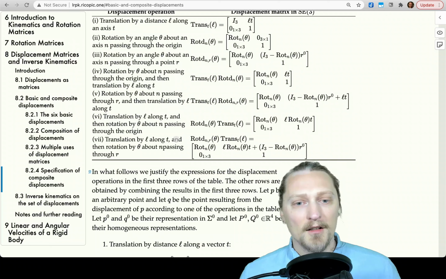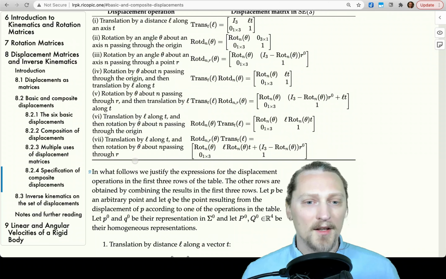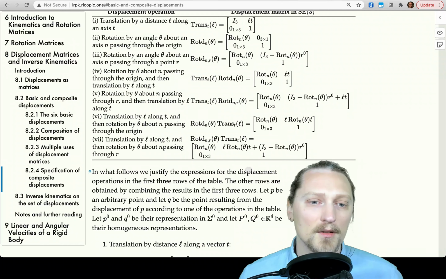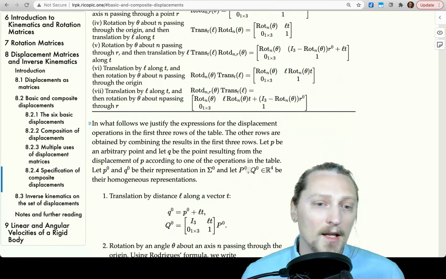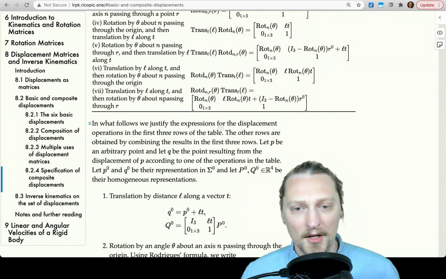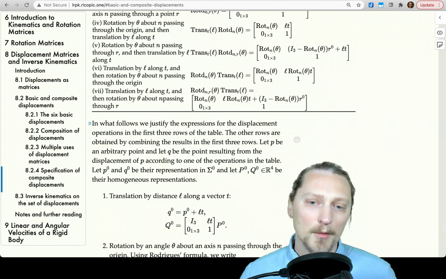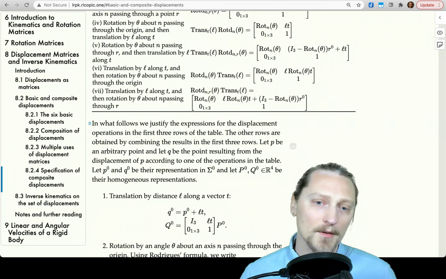Translation by L along t, and then rotation by theta about n passing through r. These are just special cases of the previous ones. In what follows, we justify the expressions for the displacement operations in the first 3 rows of the table. The other rows are obtained by combining the results in the first 3 rows, as you could probably tell.